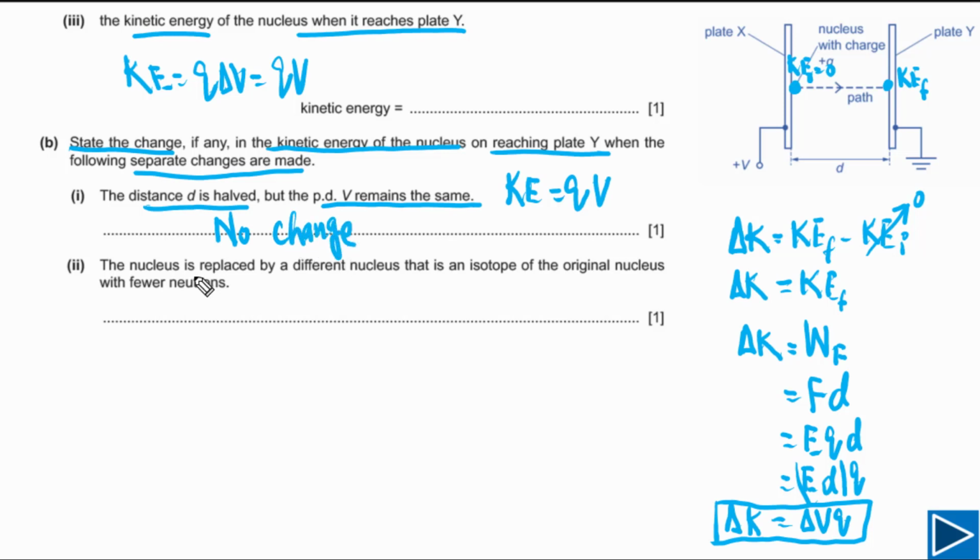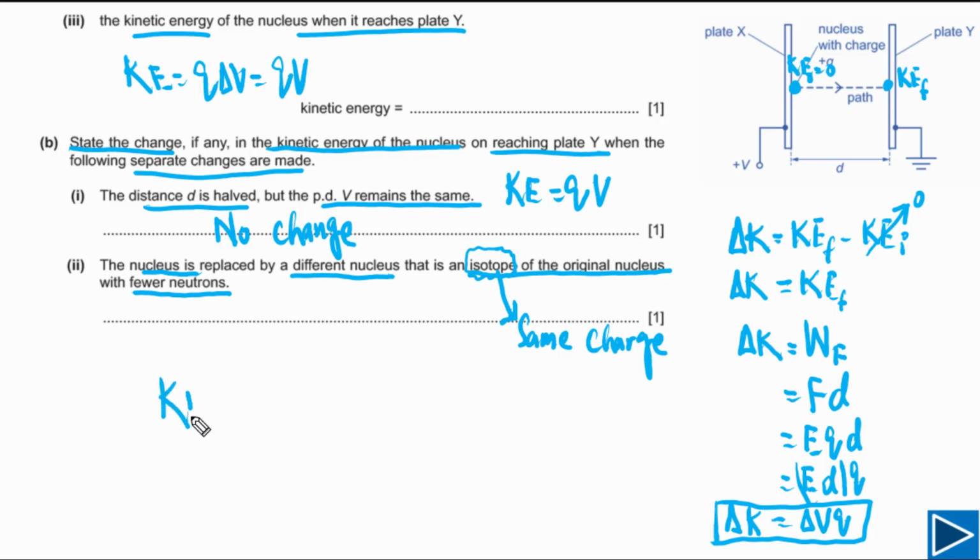Now the next one: the nucleus is replaced by a different nucleus that is an isotope of the original nucleus. This is very important. Isotope means the same charge on the nucleus, because of the same number of protons. So the charge is the same, with fewer neutrons.